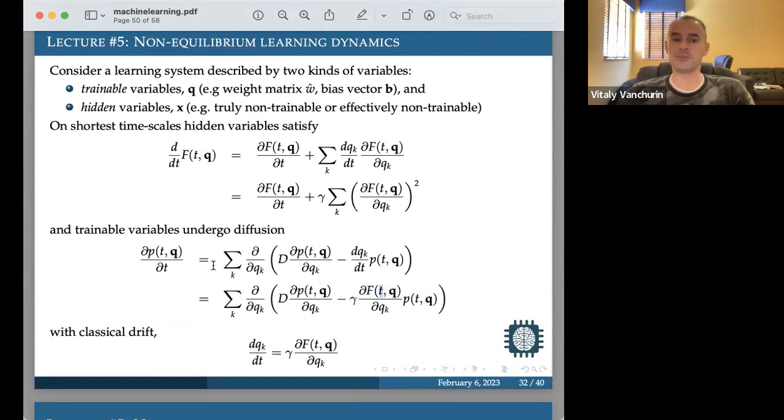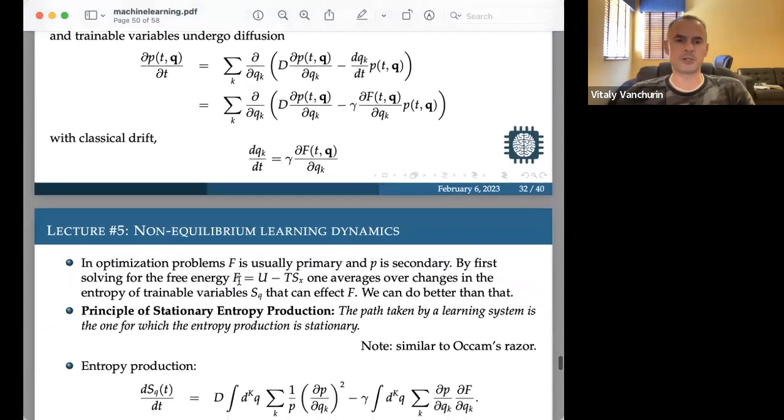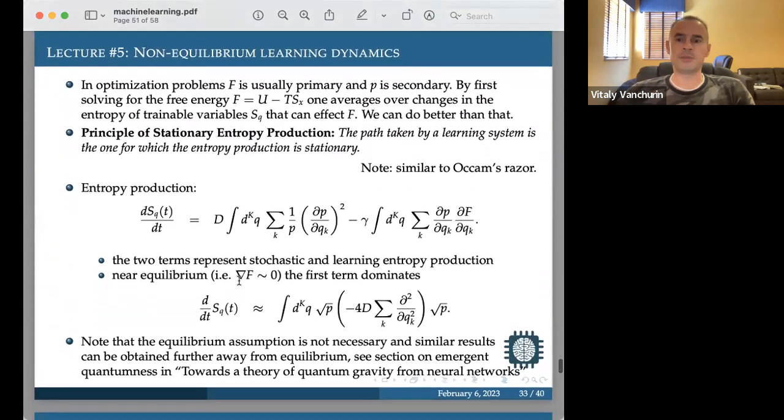Here you have a coupled distribution, so the dynamics of F affects P, and both of them are a coupled equation. In the optimization problem, F is usually primary. You solve for that first. You find it first. And then P is secondary, and you solve for P on the non-changing F. Now here we can do better than that. We have to solve for both of them.